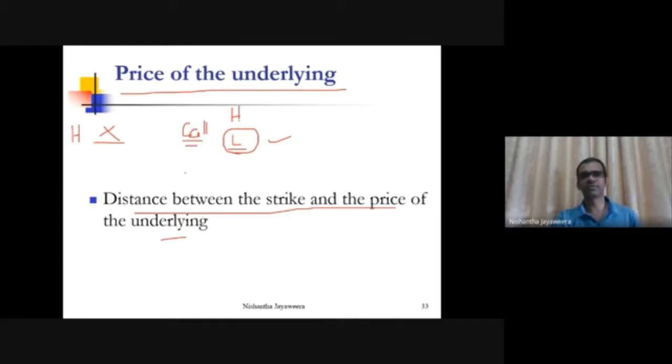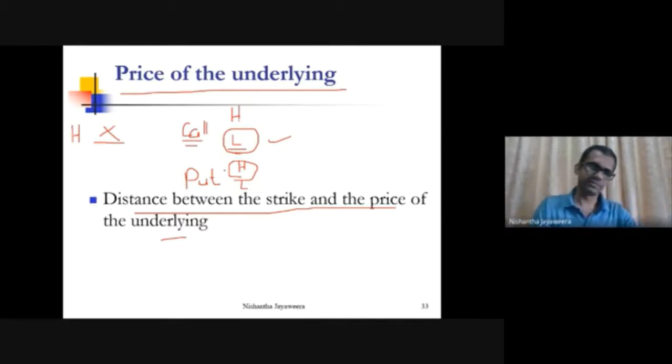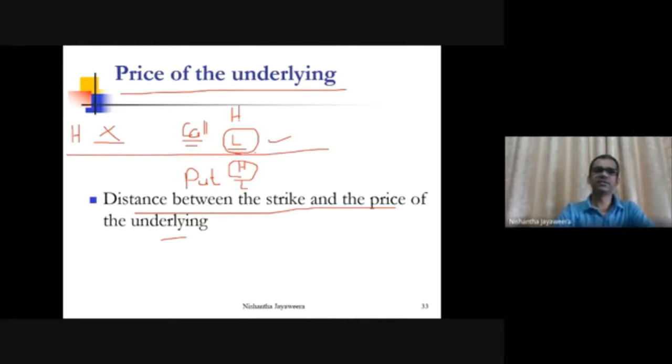But for a put option, it would be the other way. When the strike is high, a put option will have a higher premium.